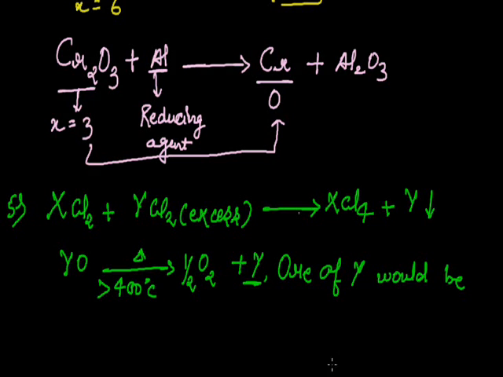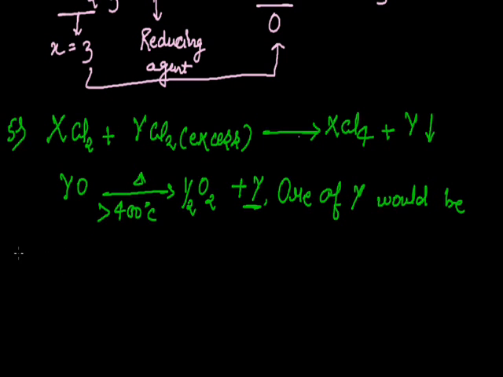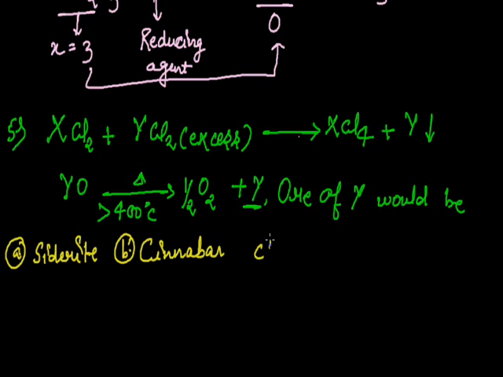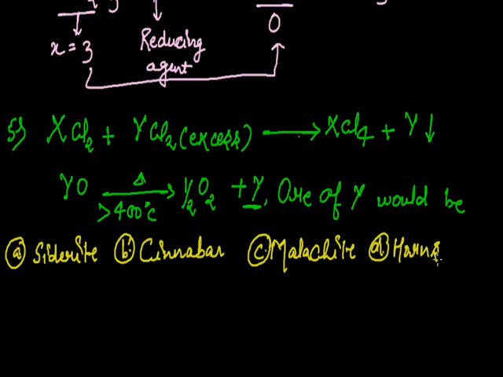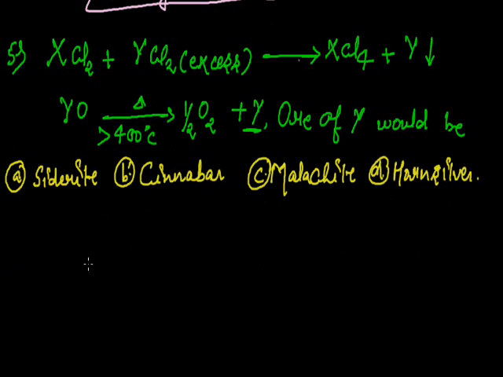Here options are given, so we'll check what all options are there. Option A is siderite. Option B is cinnabar. Option C is malachite. And option D is horn silver.